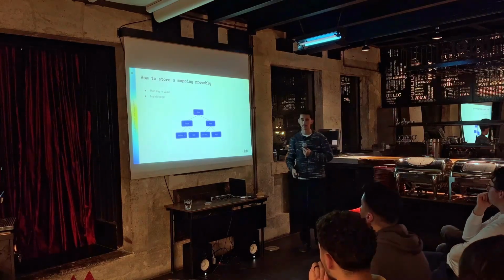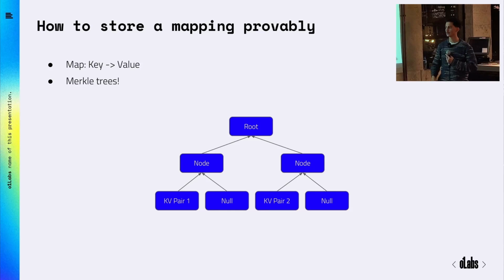So the thing we need is Merkle trees. We have a sparse Merkle tree here, so some of the leaves are null. We store key pairs as leaves. Then we have a root which we can store in an on-chain state field. So we can store a mapping like this, but there is a problem.